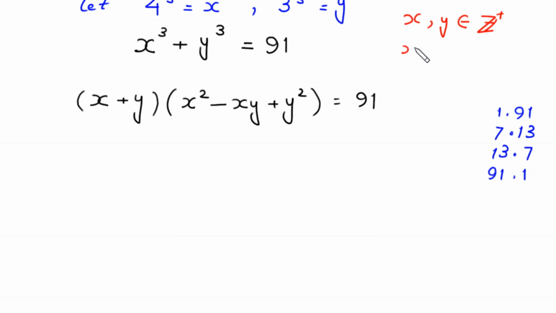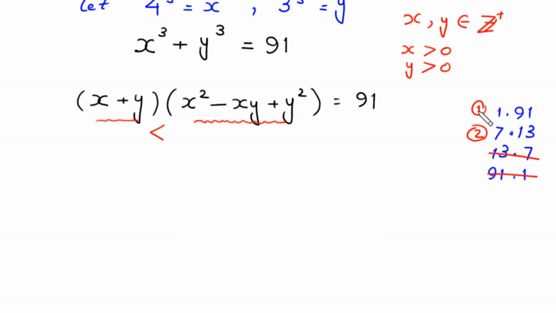It means x is greater than 0 and y is greater than 0. So this expression x plus y will be smaller than this expression x squared minus xy plus y squared. So we reject this case because 13 is greater than 7, and we reject this case because 91 is greater than 1. We have only two cases, 1 times 91 and 7 times 13.